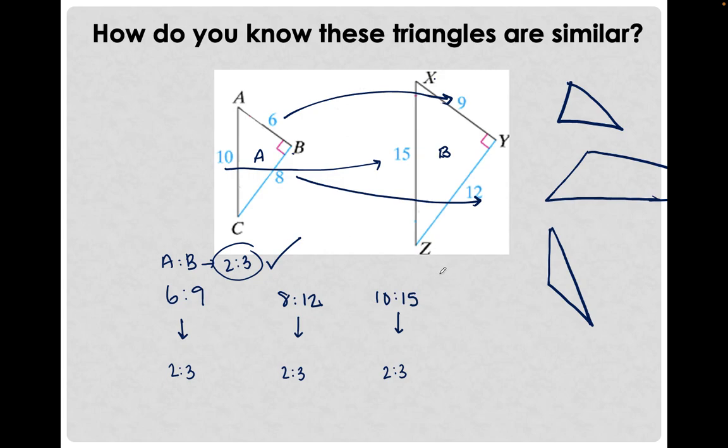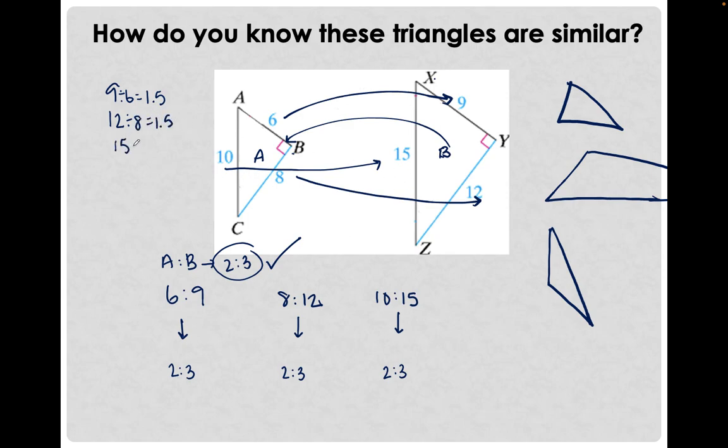One other way you could determine this is you could look at the larger triangle and figure out how many times bigger triangle B is than triangle A. So for example, we could look at each of the 3 side lengths and we could divide 9 divided by 6, which is 1.5. So 9 is 1.5 times longer than 6. 12 divided by 8 is also 1.5.